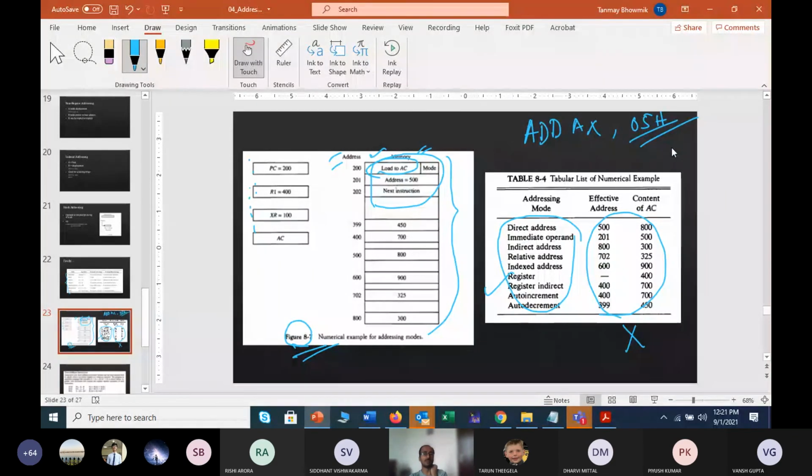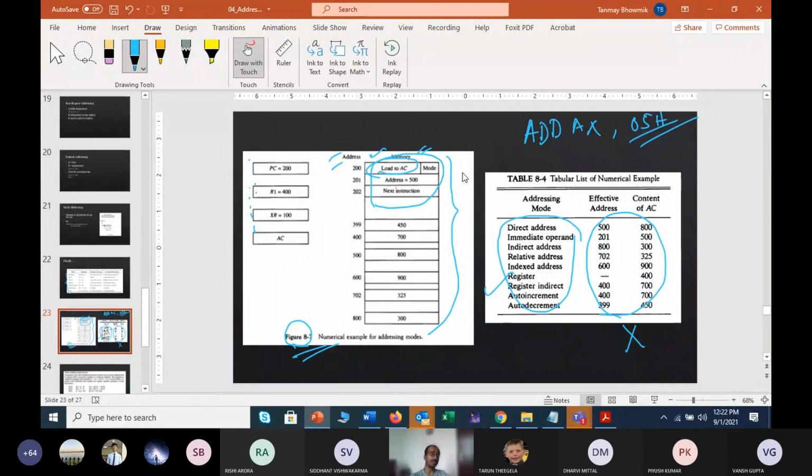So who will inform you whether this is an operand or a location? If the mode is implied or immediate, then it is your operand, and if the mode is direct, then it is the location. Simple. We will follow the same thing here.